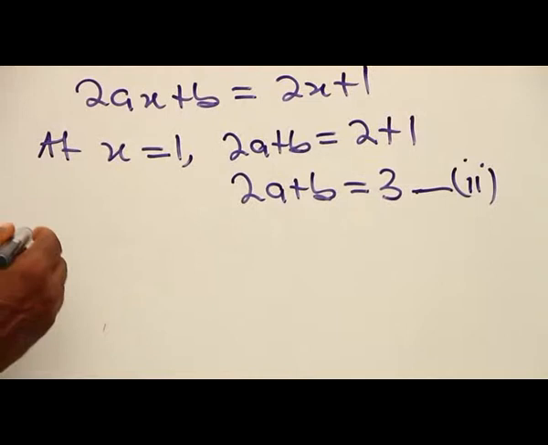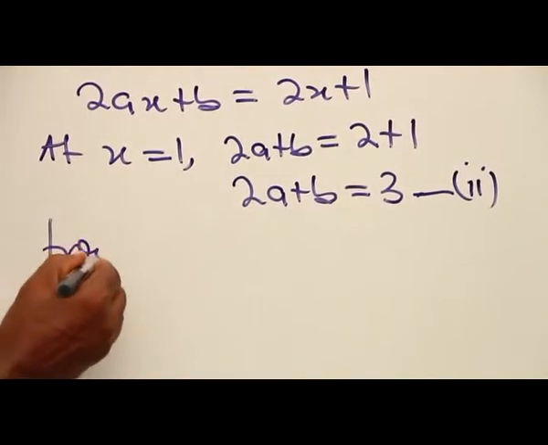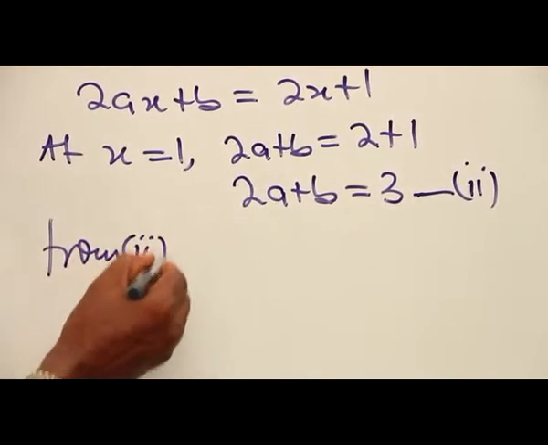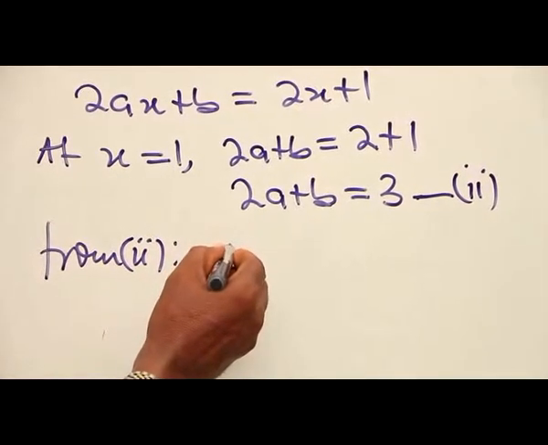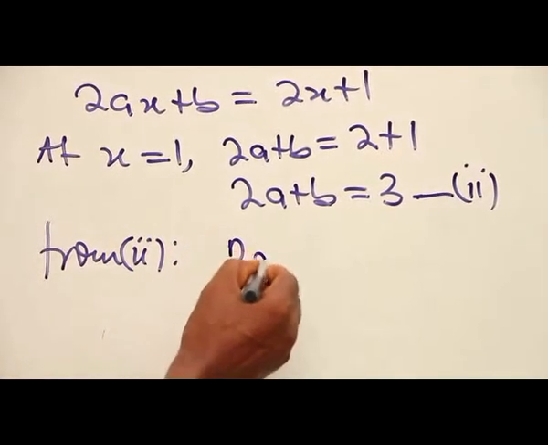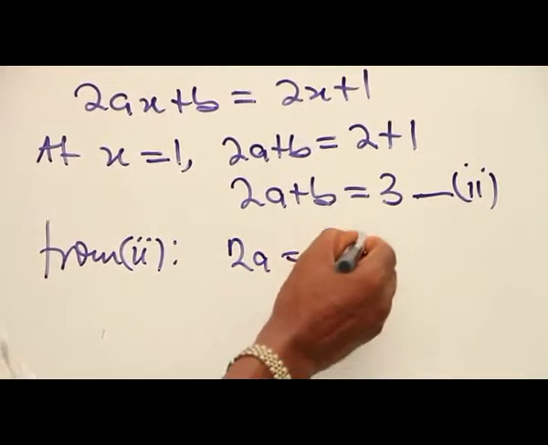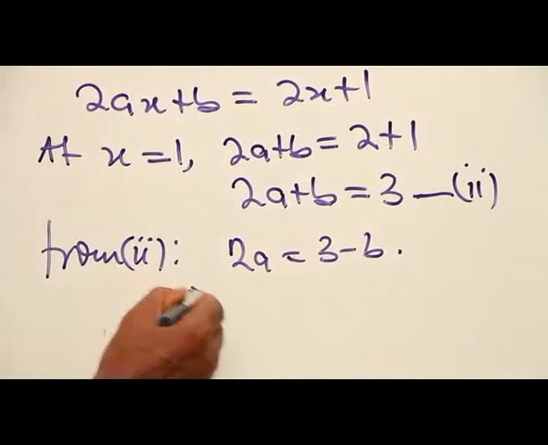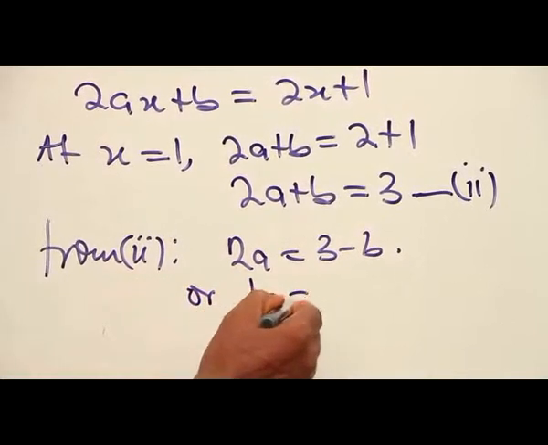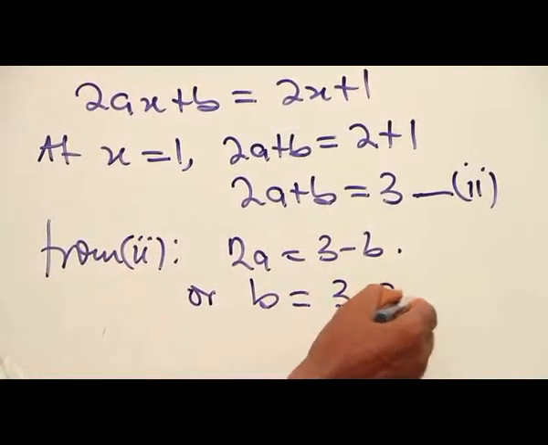From 2, we have that our 2a is equal to 3 minus b, or our b is equal to 3 minus 2a.